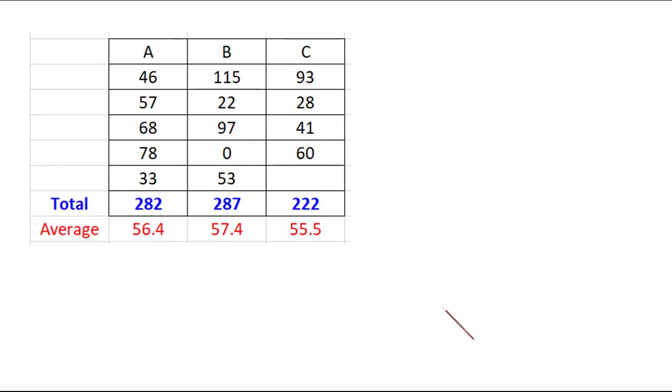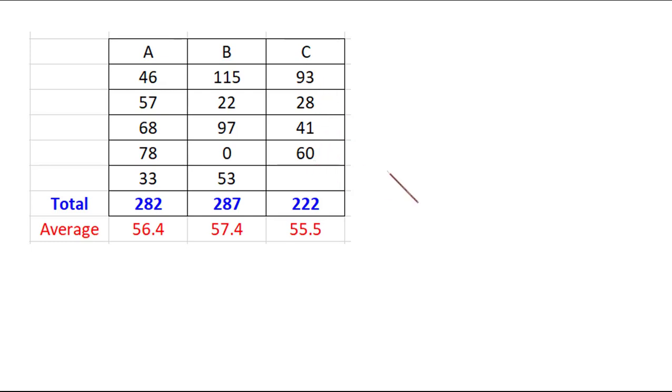Now, let us look at another example where we can use square roots. Suppose we have 3 players, A, B, and C, and in the last 5 games, A has scored 46 runs, 57 runs, 68 runs, 78 runs, and 33 runs, while B has scored 115 runs, 22, 97, 0, and 53, while C has only played 4 games and has scored 93, 28, 41, 60.